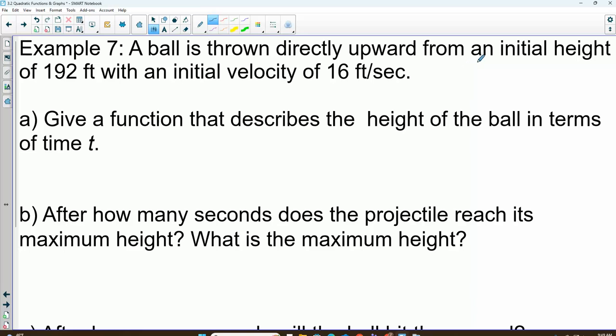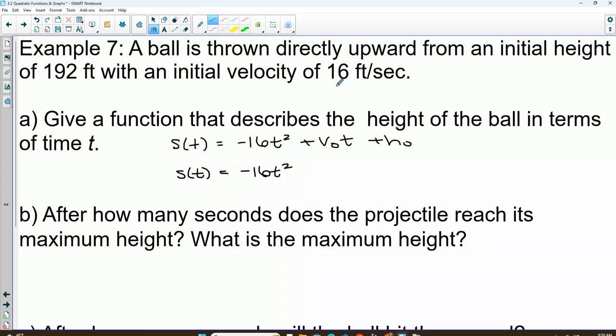A ball is thrown directly upward from an initial height of 192 feet with an initial velocity of 16 feet per second. Give a function that describes the height of the ball in terms of time t. So the formula that you would not have to memorize: negative 16t squared plus v sub 0 t plus h sub 0. In our equation, s and t are going to stay, their height and time.